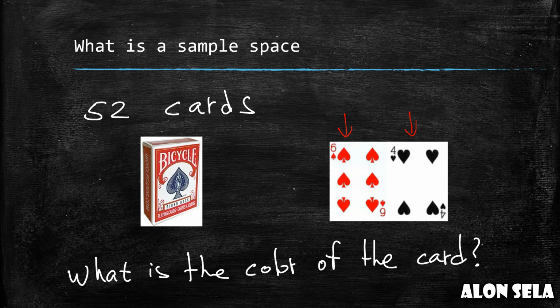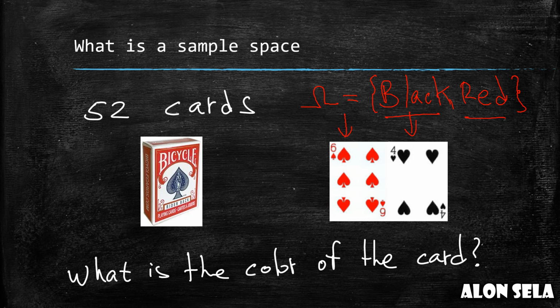Therefore, the sample space, which we denote by omega, is the set of two outcomes, black and red. So in this sample space we have two outcomes, black and red.